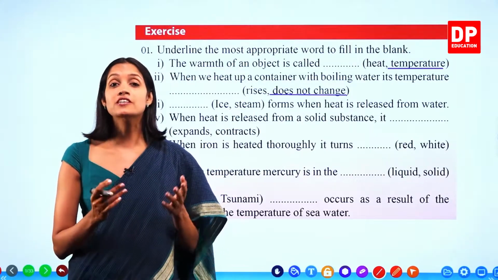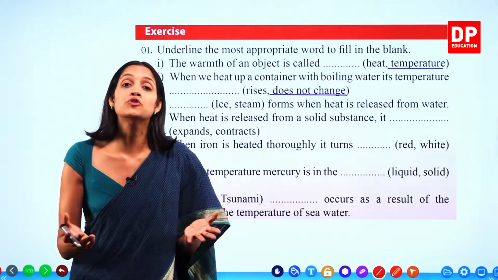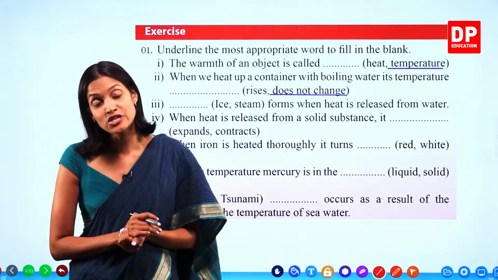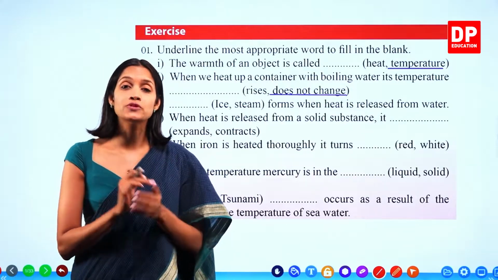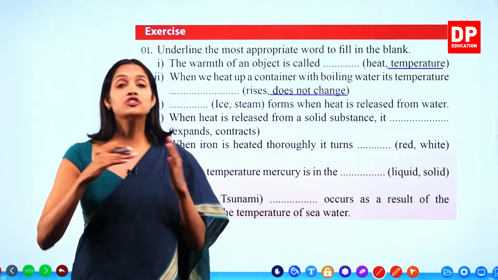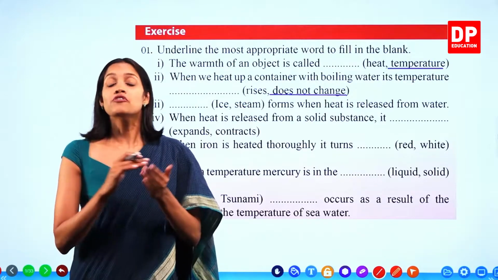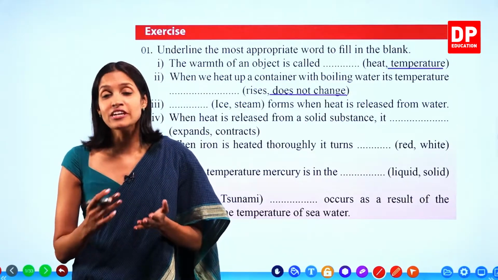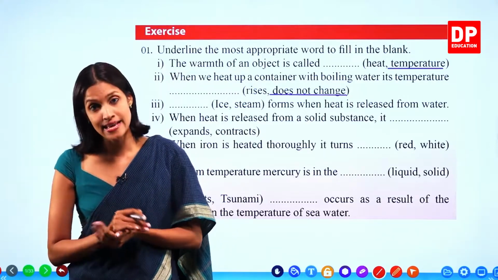That happens because of absorption of heat. When a certain object absorbs heat, what happens to its temperature, children? Increases. Okay, so because of absorption of heat, solid starts to melt, which means the solid turns to its liquid. So when we further heat a liquid, what will happen to the liquid? The liquid converts to its gas.